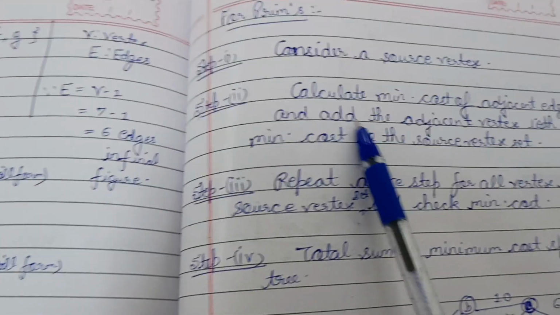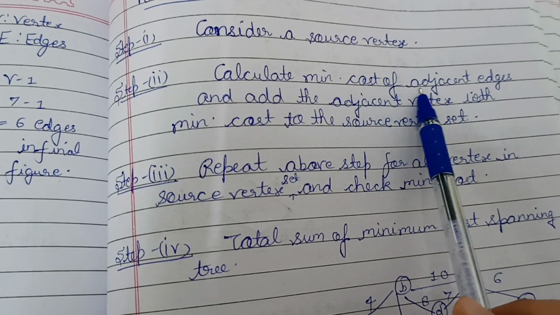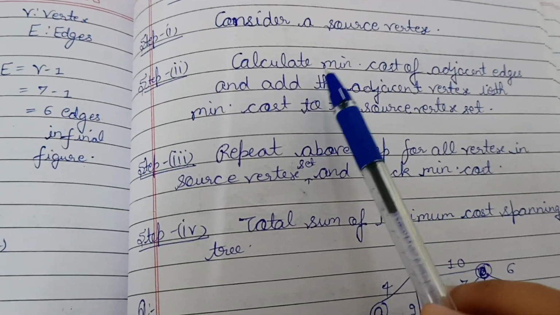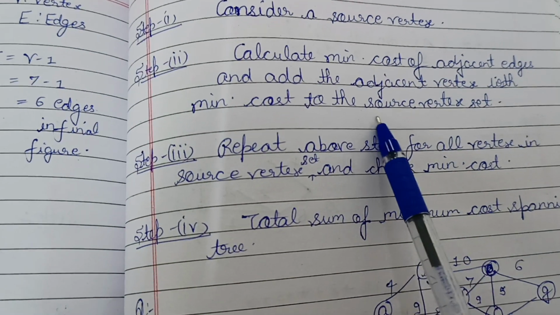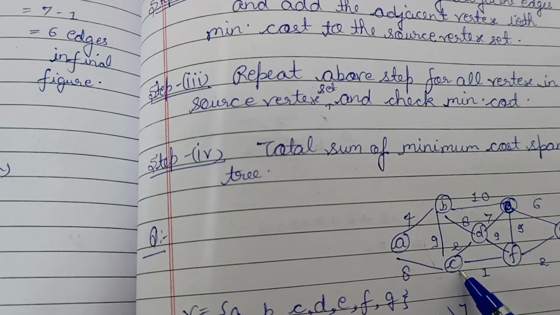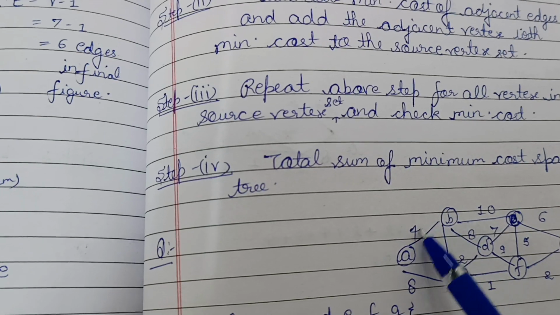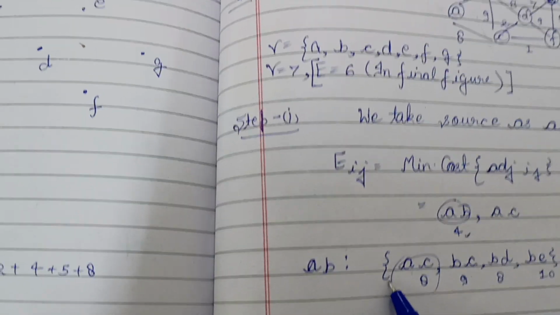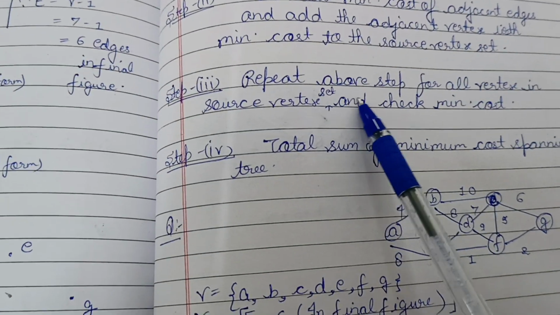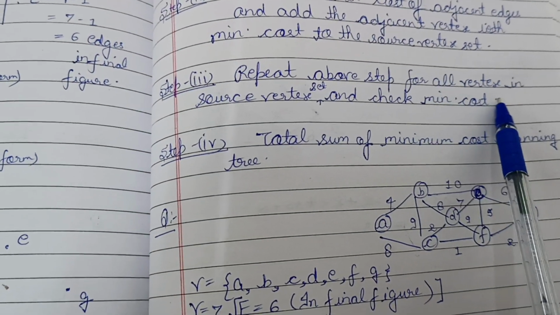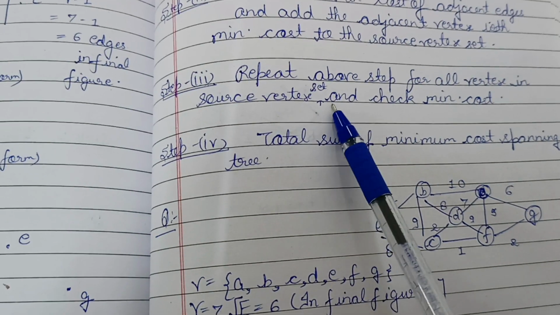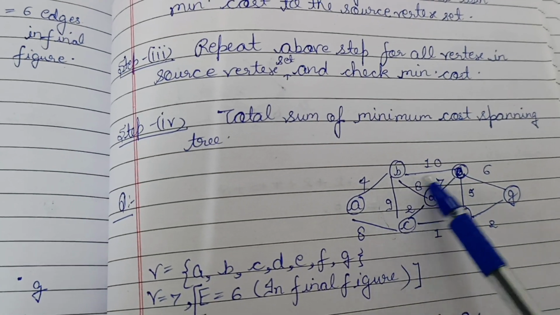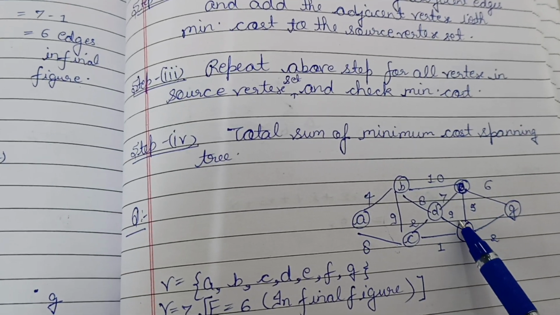This is written here: calculate the minimum cost of adjacent edges. The minimum cost adjacent edge is AB 4, and we add the adjacent vertex with the minimum cost, meaning A and B become the set. Then repeat the above step for all vertices in the source vertex set and check the minimum cost.